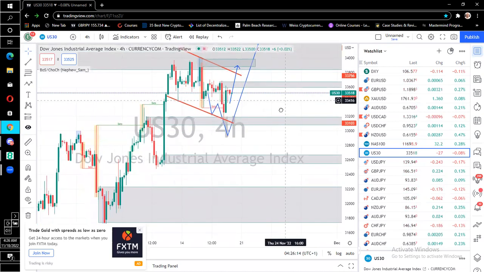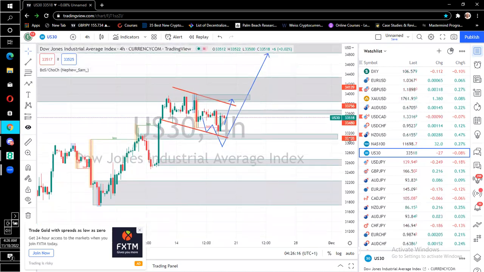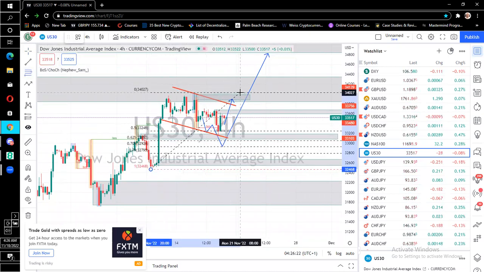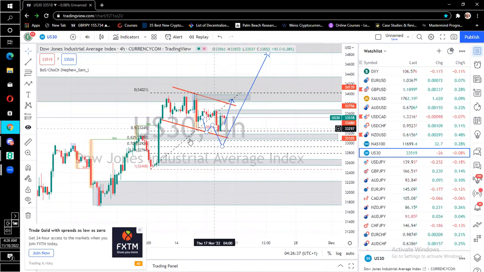So the question here is, what is the Fibonacci level of this particular pair from here? If you take from here to this high, you see that the market came below the 50% and tapped to this level before going to the upside.